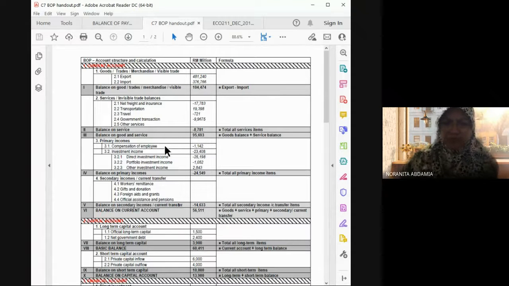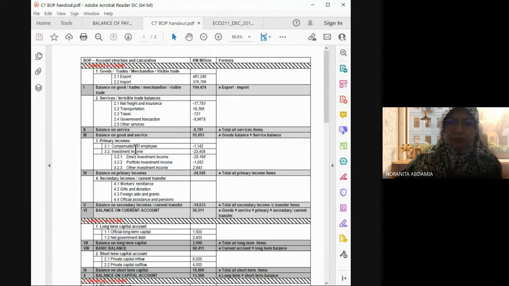Then we continue to the third sub account. What is primary income? Primary income has two parts, which are compensation of employees and investment income. Compensation of employees is whatever relates to employees, like remittances of workers, such as foreign workers giving their wages to their families back home. That is included in the compensation of employees.